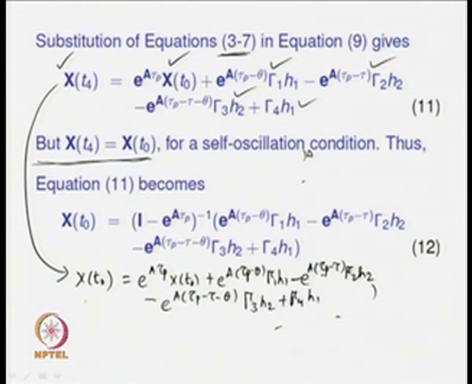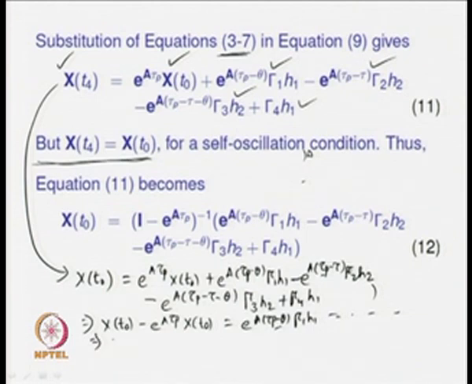So, when the terms associated with x(t0) are collected, we obtain x(t0) minus e to the power A tau p x(t0) is equal to e to the power A(tau p minus theta) gamma 1 h1 and so on.